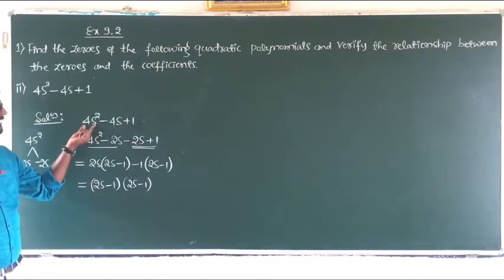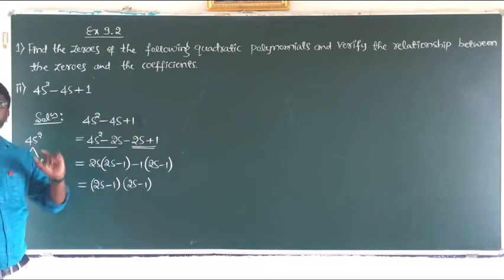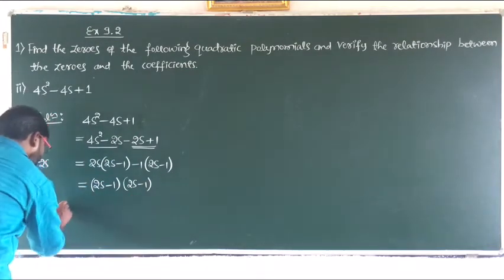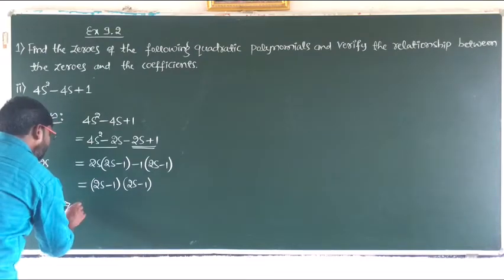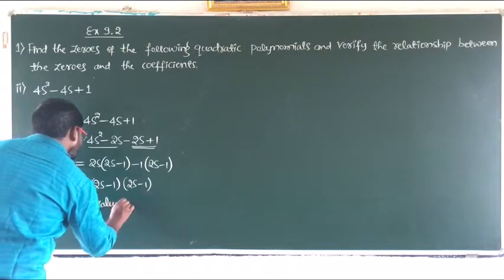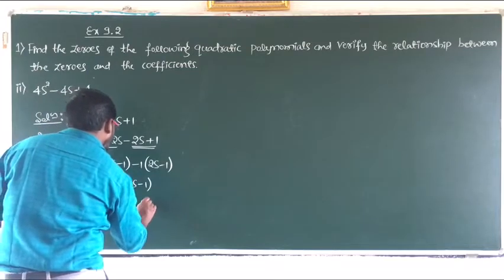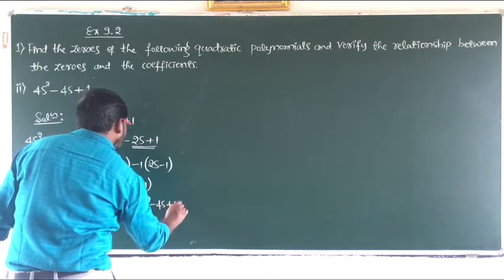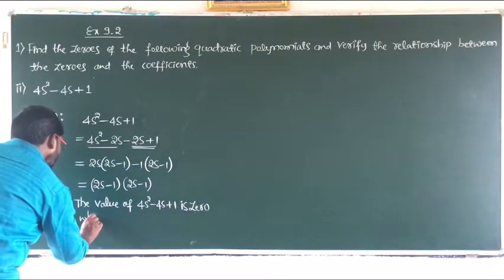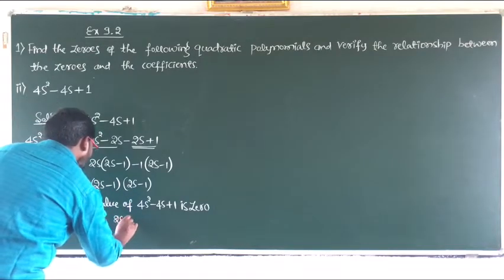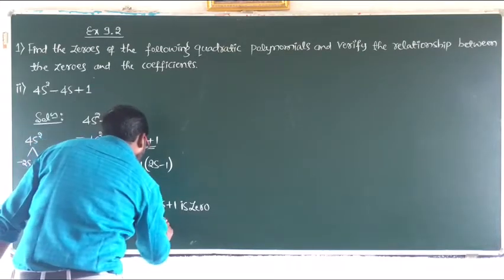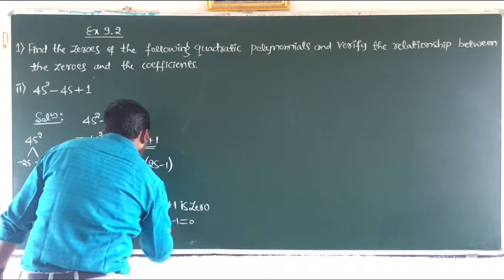This can be written as 2s minus 1 into 2s minus 1. Now the value of 4s square minus 4s plus 1 will be 0 when 2s minus 1 equals 0, or again 2s minus 1 equals 0.